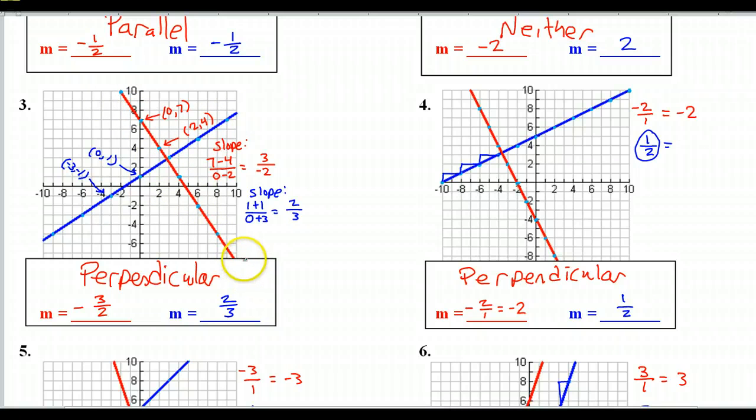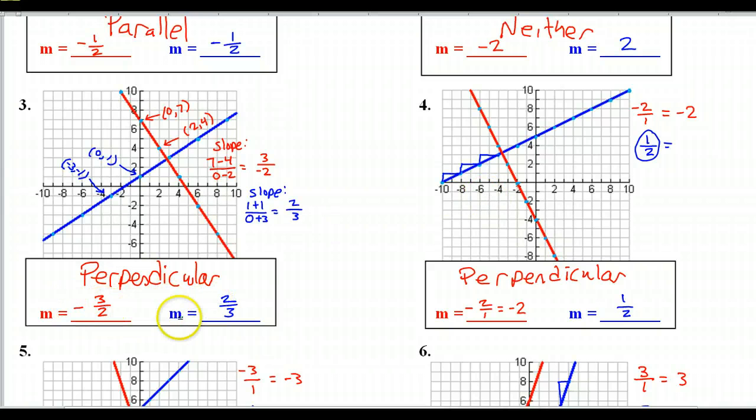So you're always going to have a positive slope and a negative slope whenever two lines are perpendicular. Blue is positive, the red is negative, uphill, downhill. That will happen every single time.